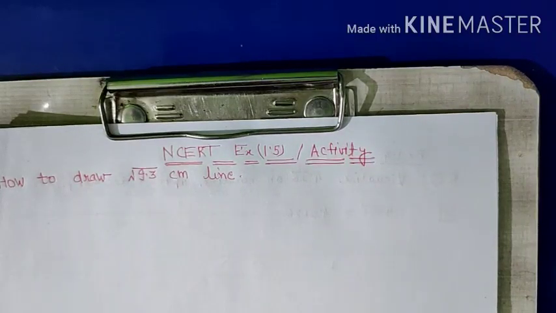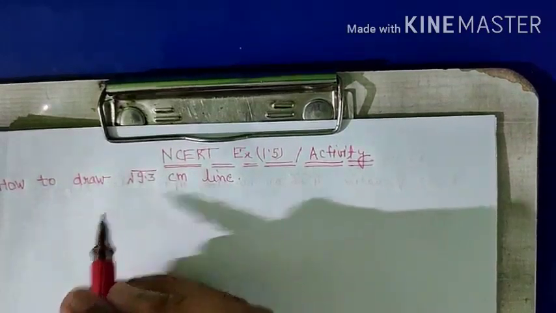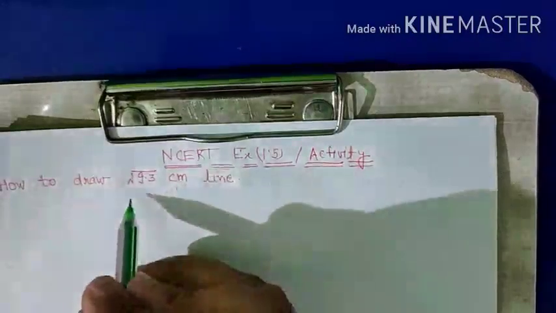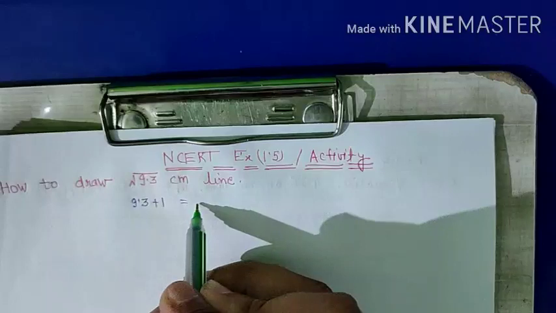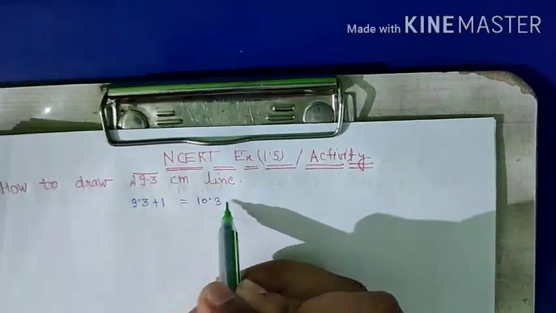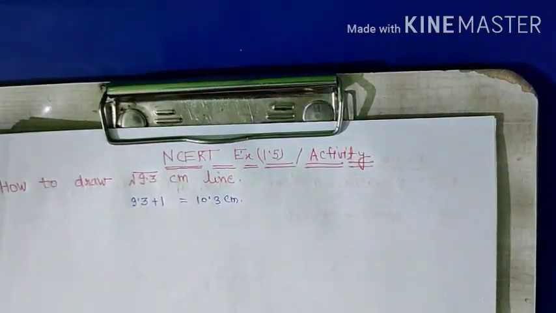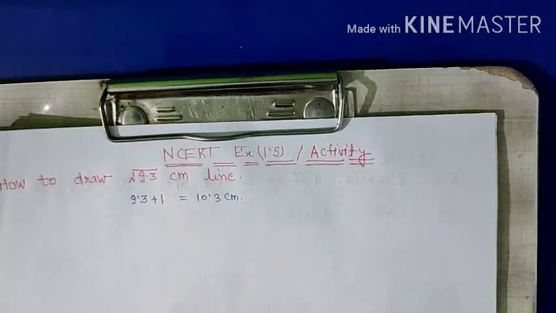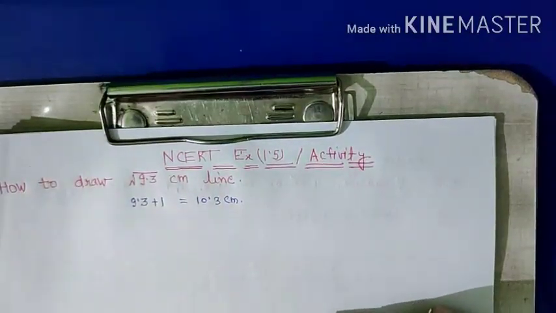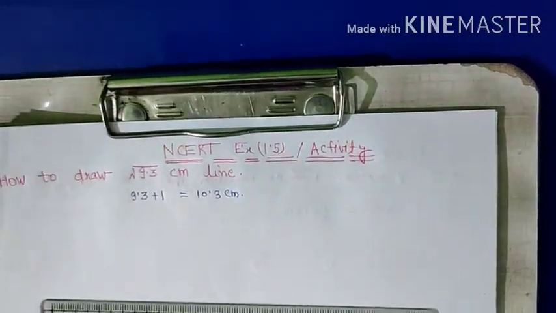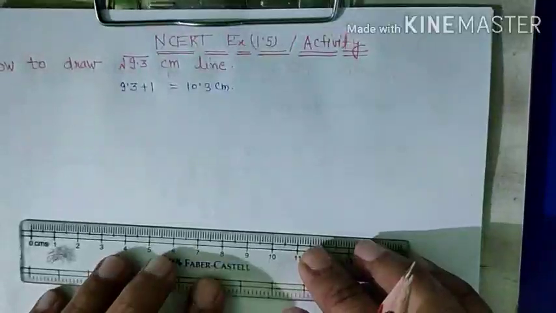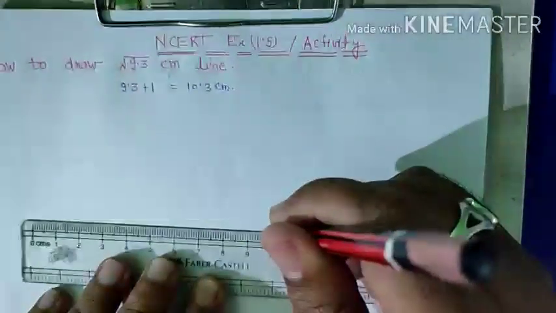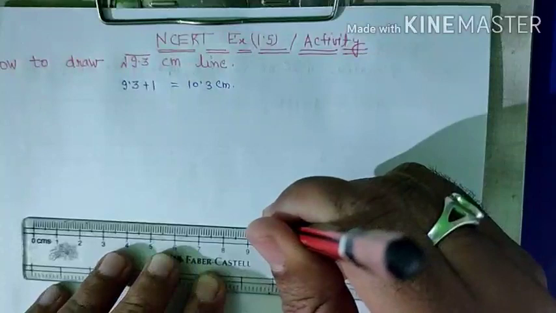Now first of all we will draw a line of 9.3 plus 1 centimeter. It means we will draw a 10.3 centimeter line.